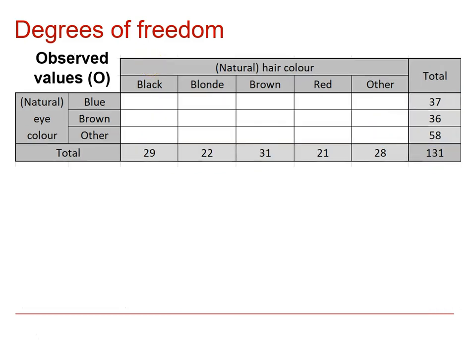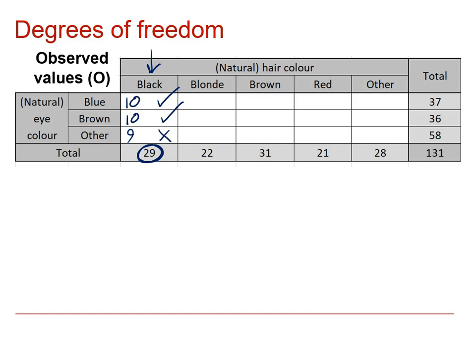So if I was looking at black hair and say the first one was 10, that has freedom to vary. If the second one was also 10, that has freedom to vary. But because this total is set in place, the only possibility for this one is 9, so that does not have freedom to vary.